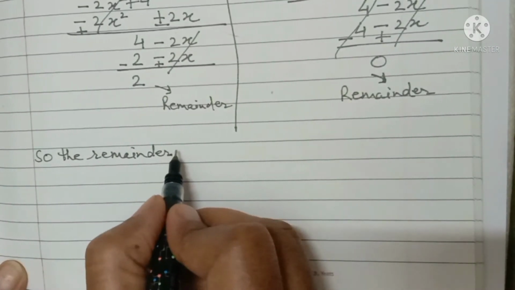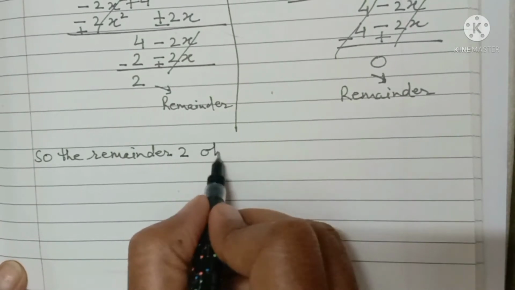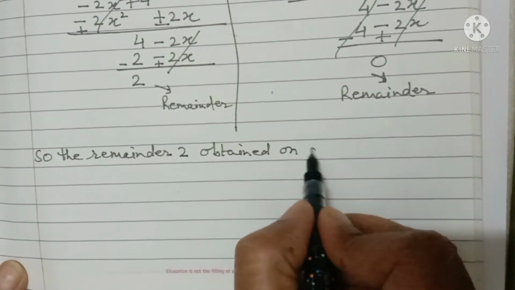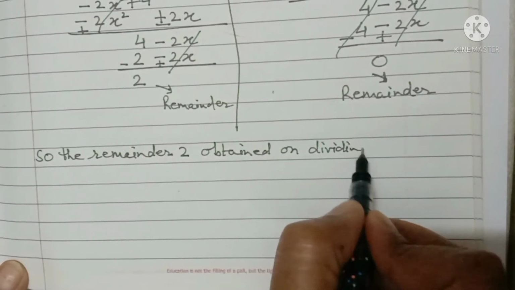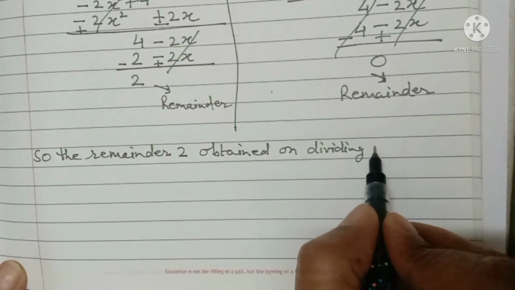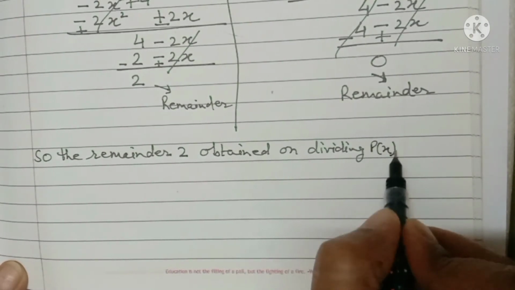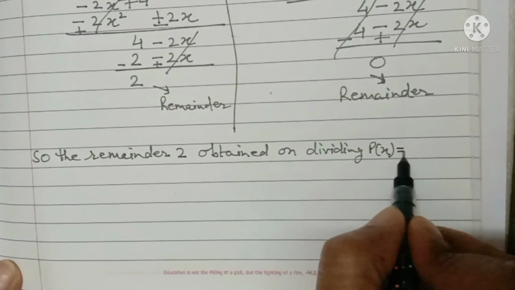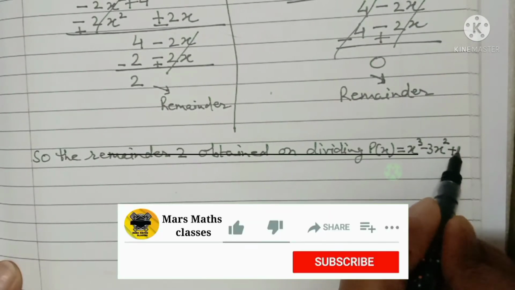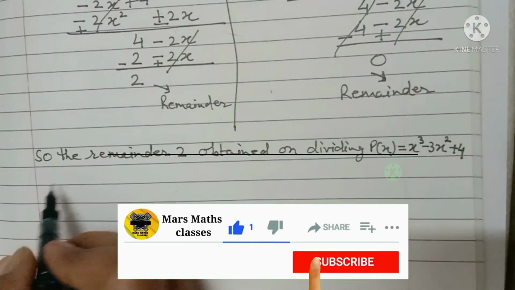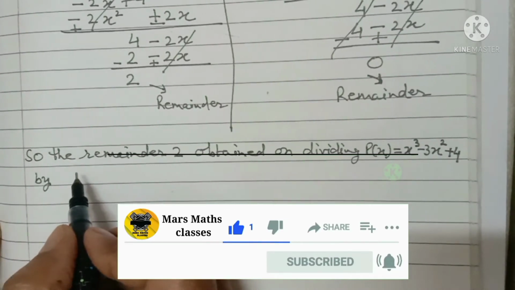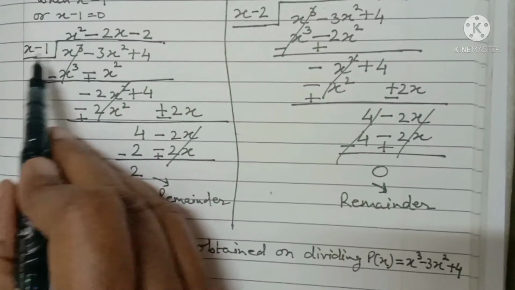The remainder 2 obtained on dividing the polynomial p(x), which is x cube minus 3x square plus 4, by x minus 1. We have divided by x minus 1.